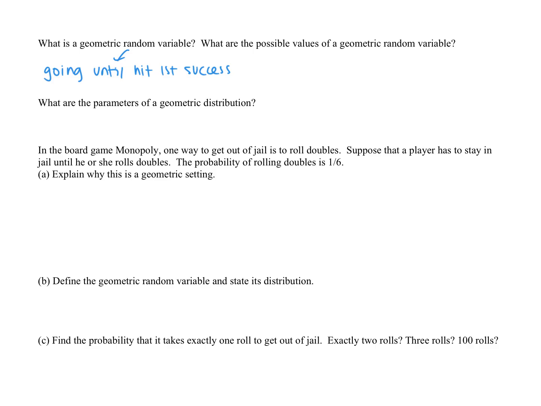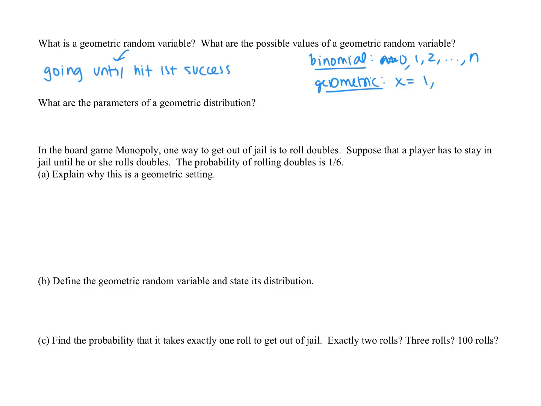So if you remember, for binomial, possible values, we could have 0 successes, 1 all the way up to n successes. For geometric, on the other hand, if we are going until we get our first success, we have to have at least 1 trial.